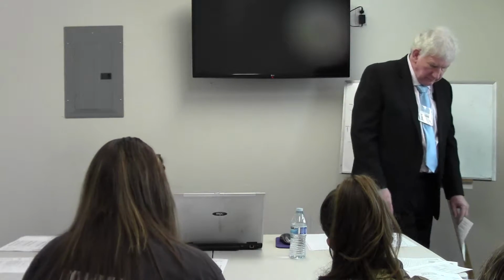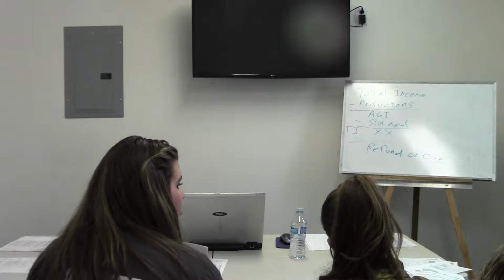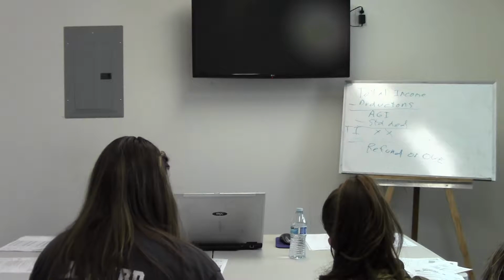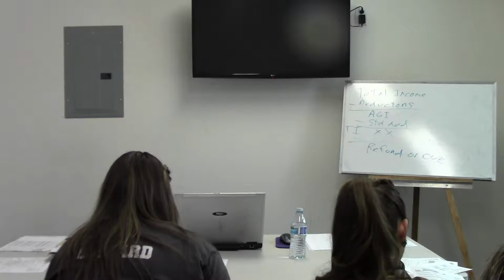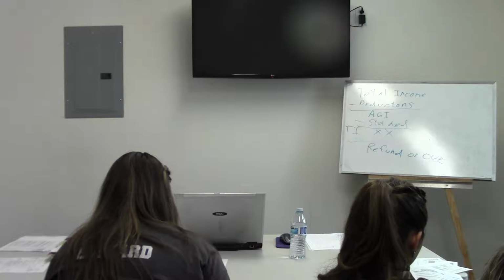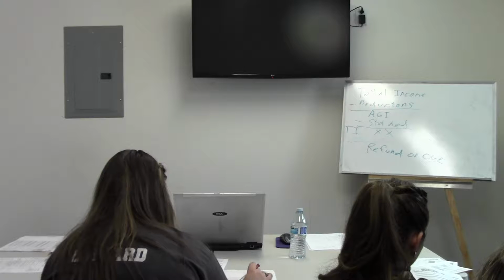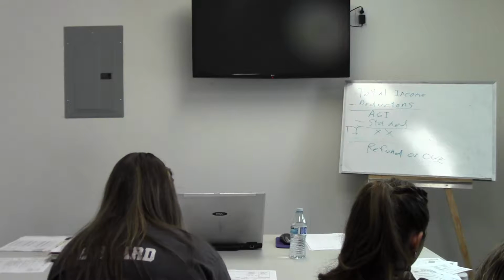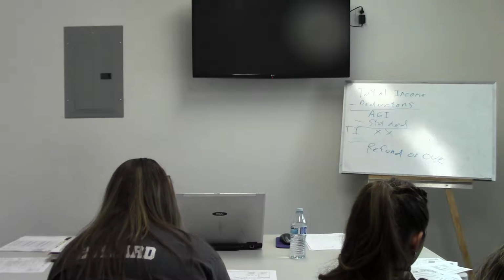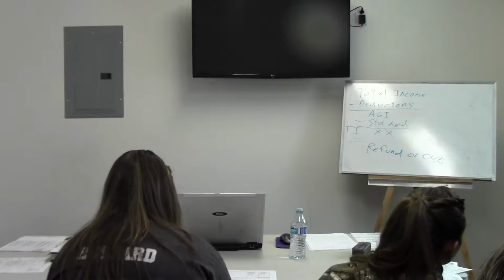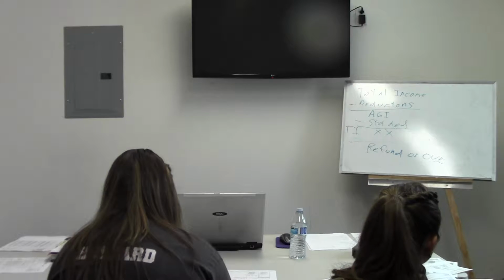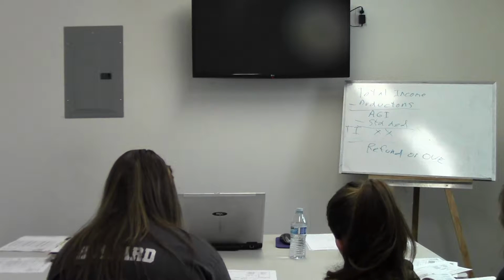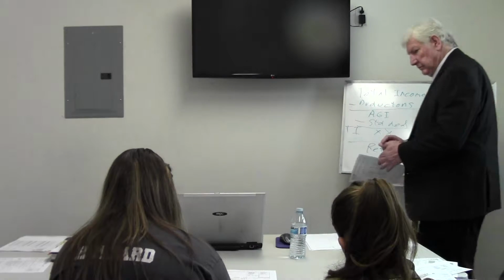So if mine's 350, then it would be between the 325 and the 375, 350. Okay, at least 350, but less than. This is the "but less than" column. So at least 350, I would come to this one. Mine's 300, so I don't get taxed.